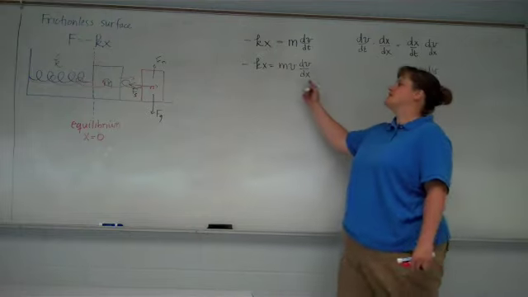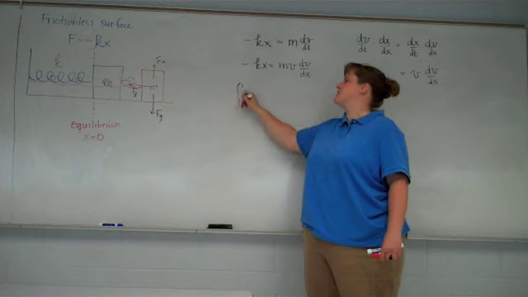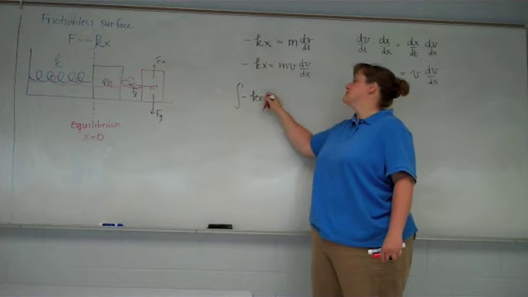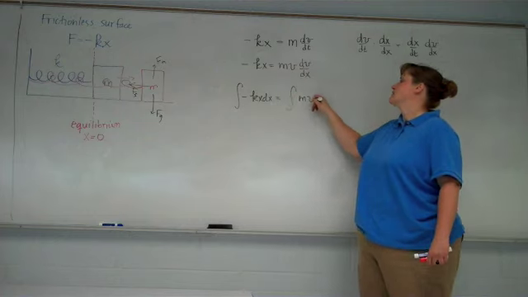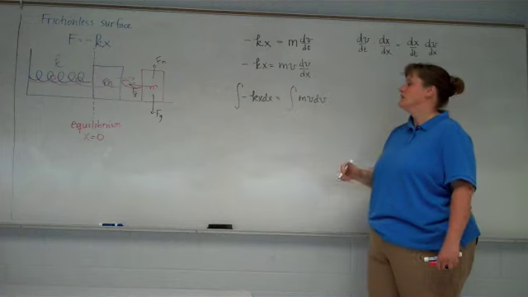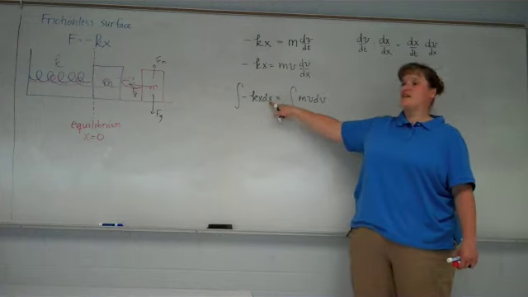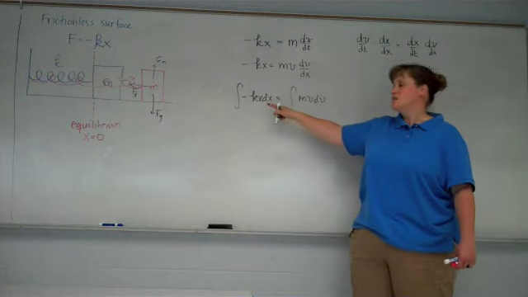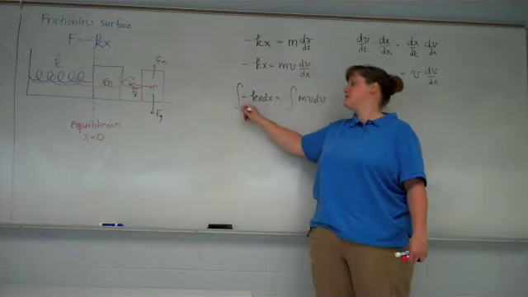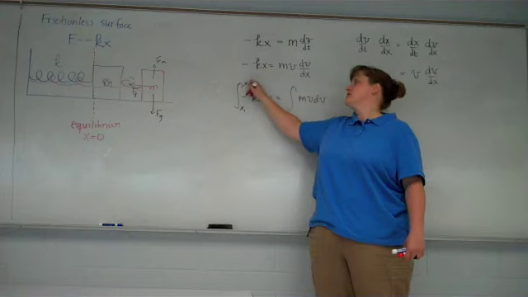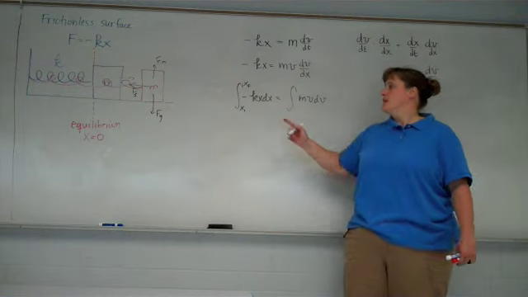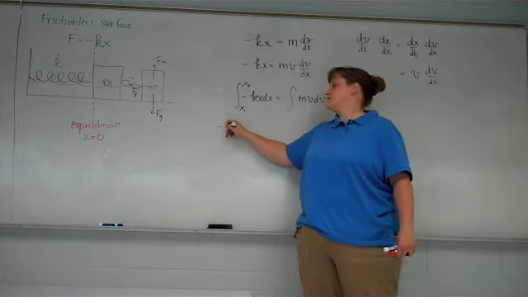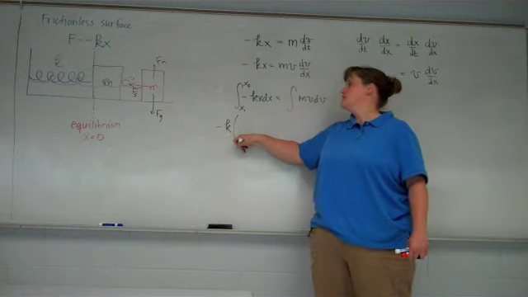I'm going to bring the dx to the other side and integrate both sides. On the left-hand side, our variable is x. So our limits need to be from some initial x position to some final x position. k is a constant, so I get negative k.